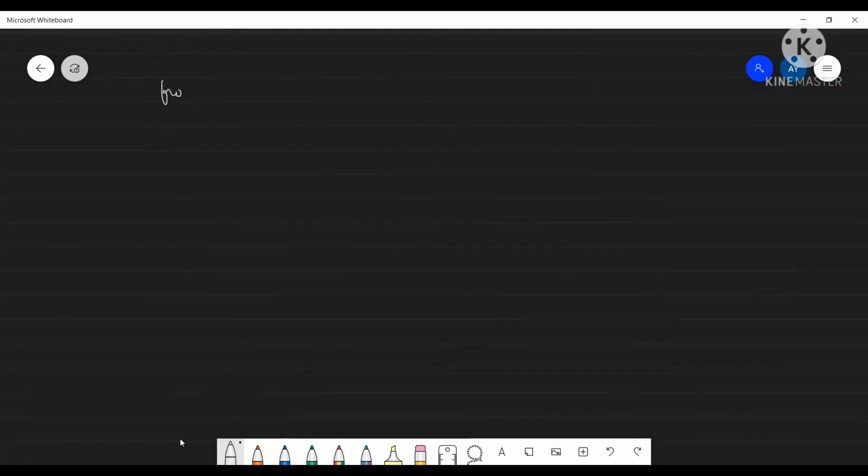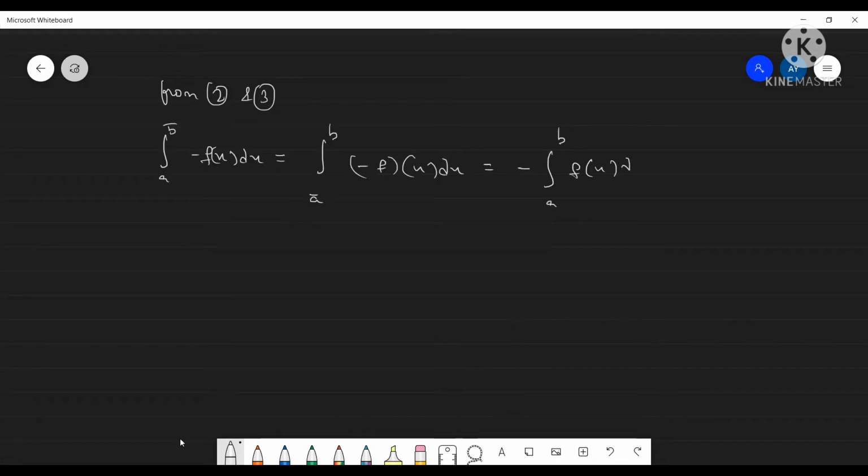So from 2 and 3, what will you get? The upper integral of minus f equals the lower integral of minus f, which equals minus integral a to b of f of x dx.